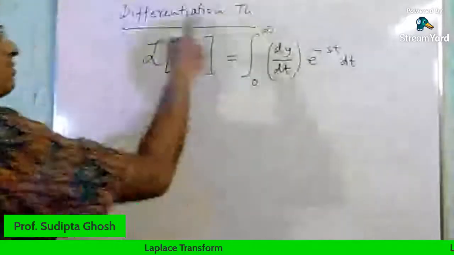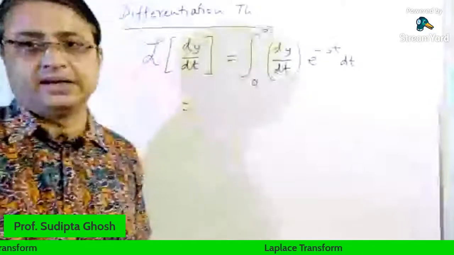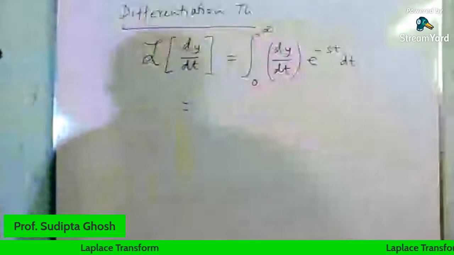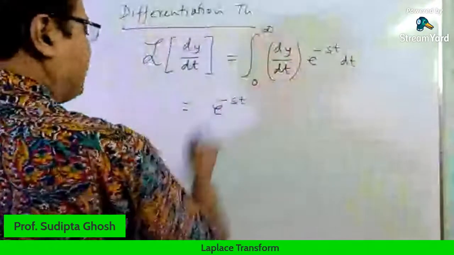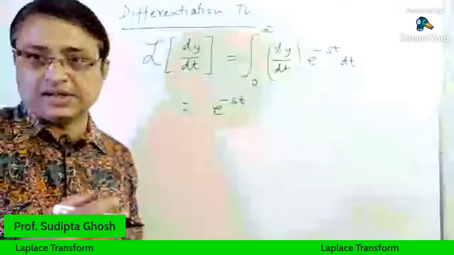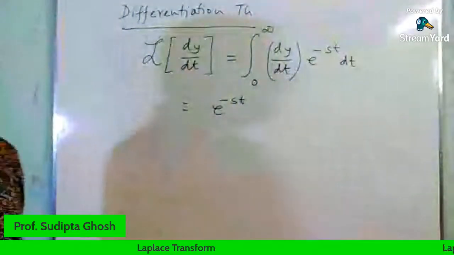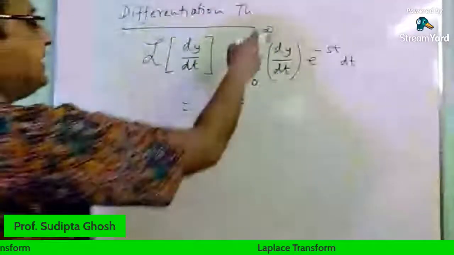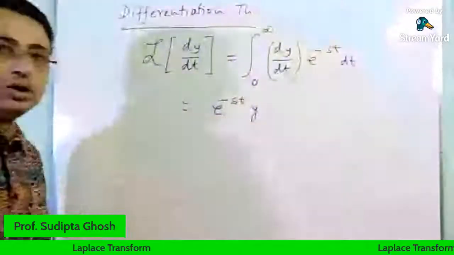Now, again, for performing this integration, we have to apply integration by parts. So, by applying integration by parts, the first function is e to the power minus st. Now, the integral of the second: the integral of dy/dt, as you all know, gives me y only.